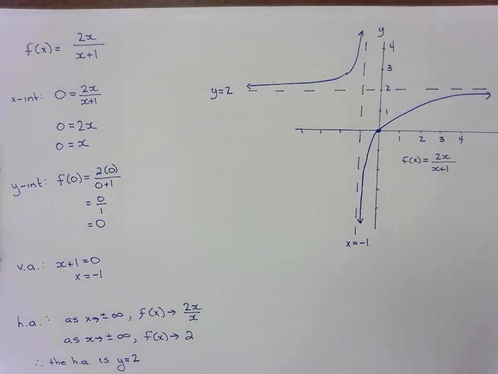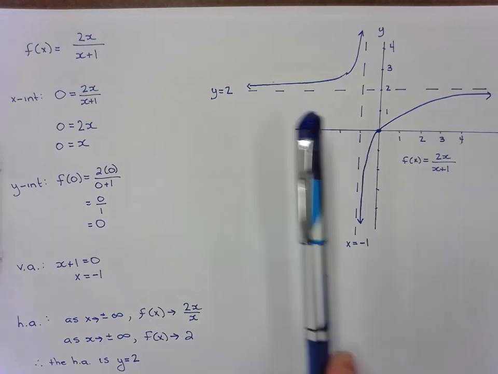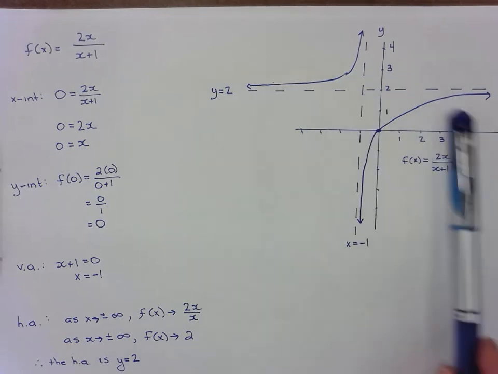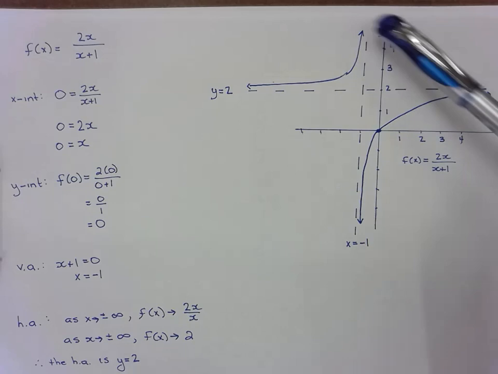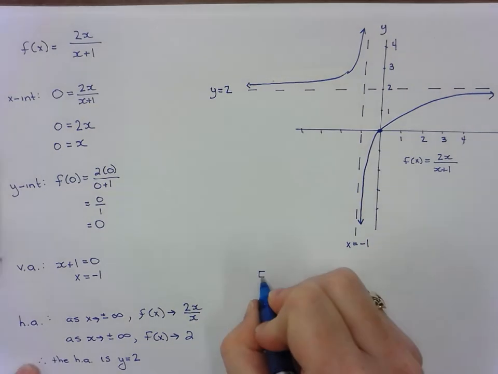Now when I'm talking about my behaviors, I have to talk about my behavior at the vertical asymptote. And when I talk about my behavior at the horizontal asymptote, I'm always talking about the ends, right? At both of these, I'm talking about where the arrows are. So let's talk about the end behavior.